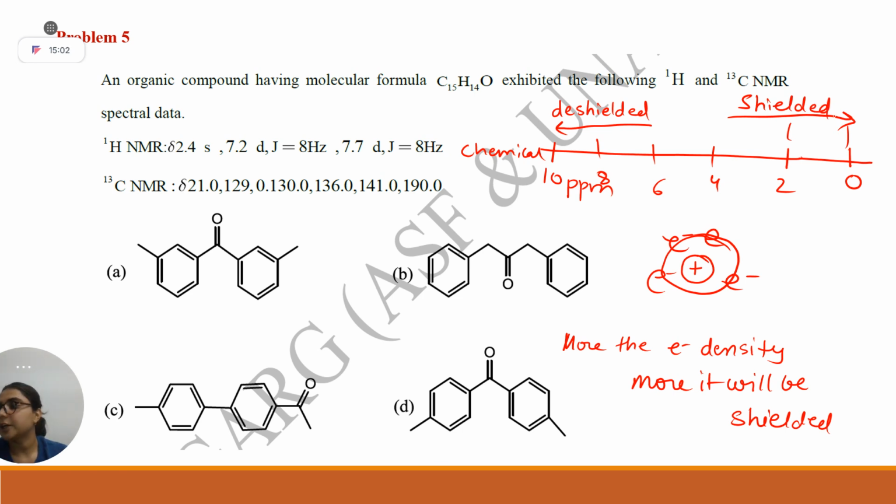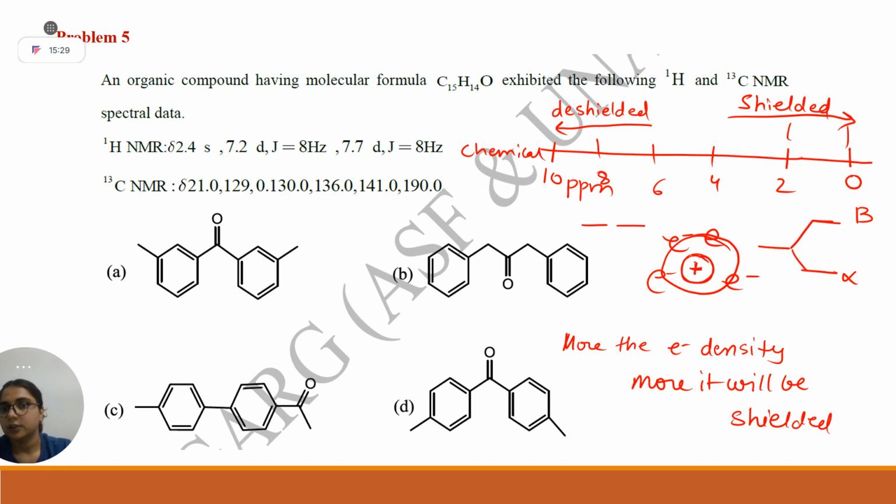Now you may think, from what? In proton NMR, basically we provide an external magnetic field. Initially the energy states are degenerate, meaning they are at the same level. But when you provide an external magnetic field, they split in two: alpha spin state and beta spin state. So the more the electrons, the more they shield your nucleus.